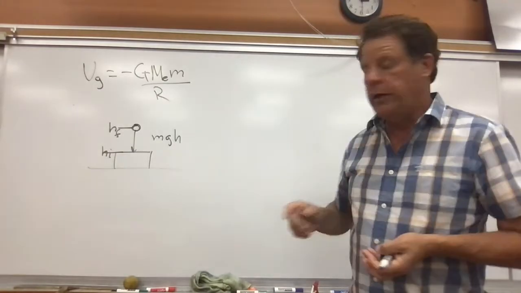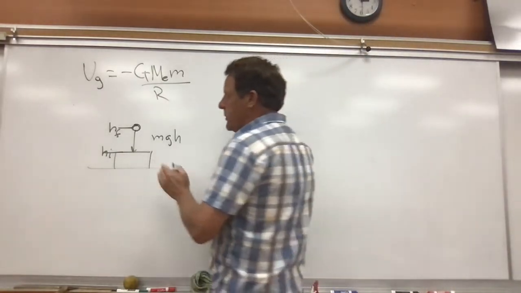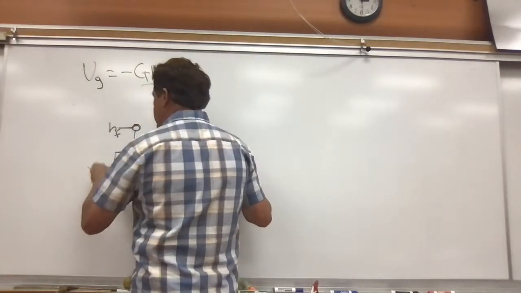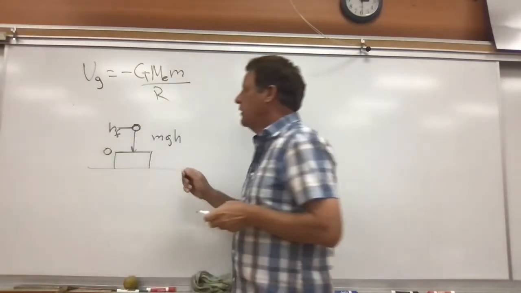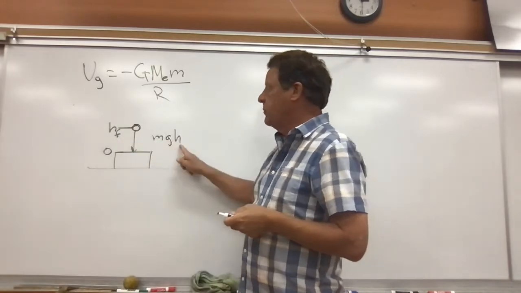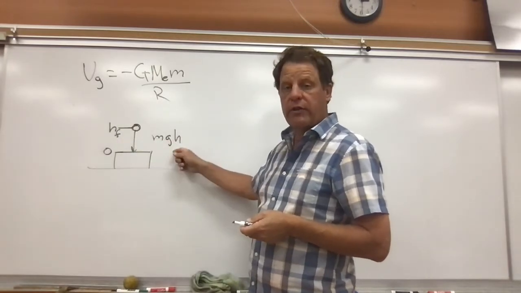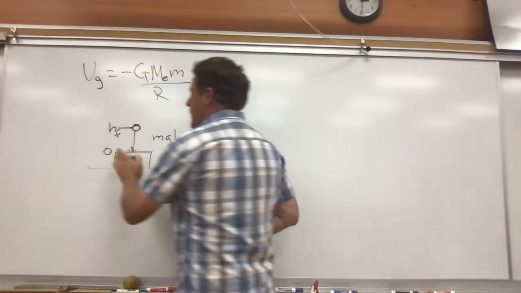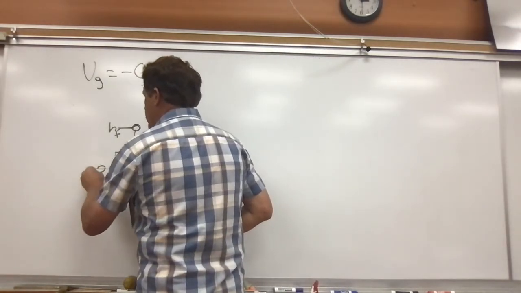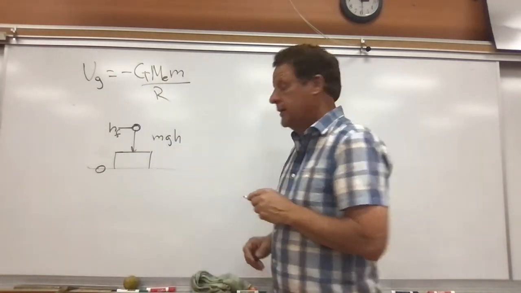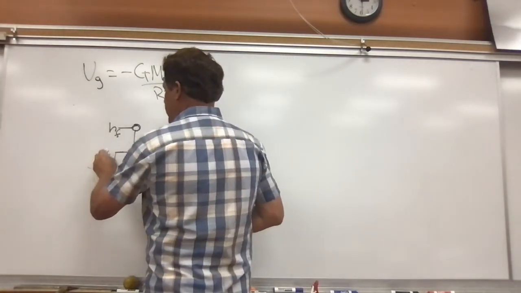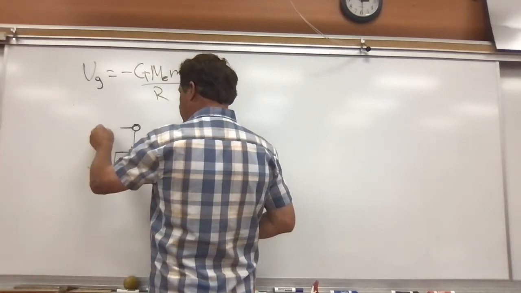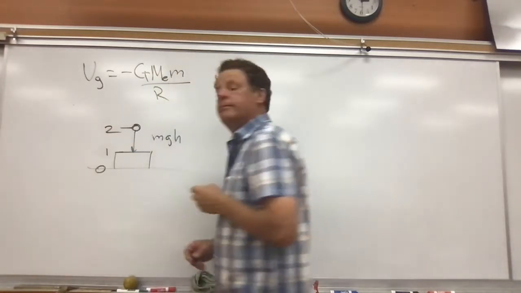Now, the reason we can just say mgh is because we conveniently call this 0, right? So then h final just becomes h. Okay, so that's how much gravitational potential energy that we have. Now, what if we made the ground 0, and now we had this 1, and we're going to have this at 2.